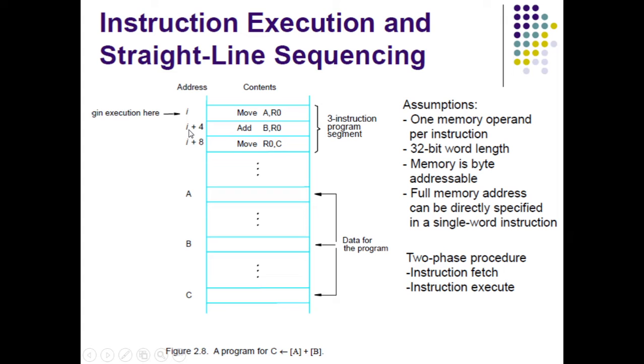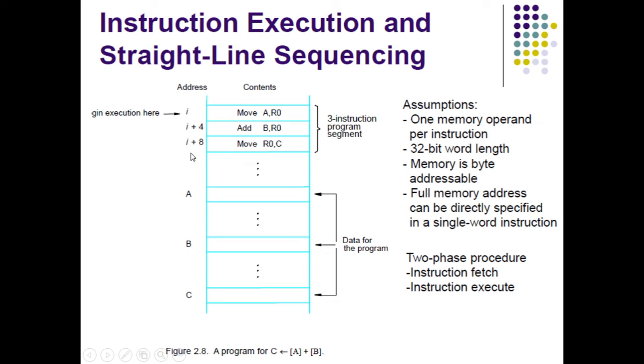This PC is now pointing to the location I plus 8, the starting address of this instruction. So after finishing the execution of this instruction, the processor gets the starting address of the next sequential instruction from the program counter.